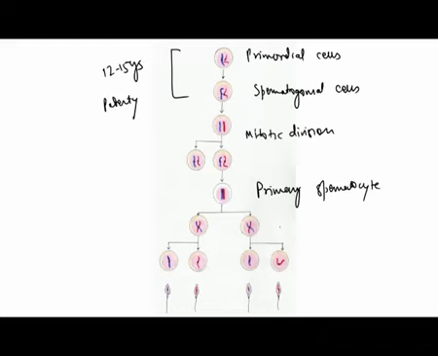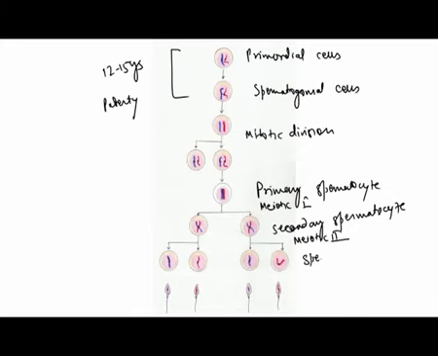Now, this primary spermatocyte will undergo meiotic 1 division to form secondary spermatocyte, and this secondary spermatocyte will undergo meiotic 2 division to form spermatid, and this spermatid will eventually differentiate into spermatozoa. So, this is a complete process of the developmental stage of the cells in the testicular area.